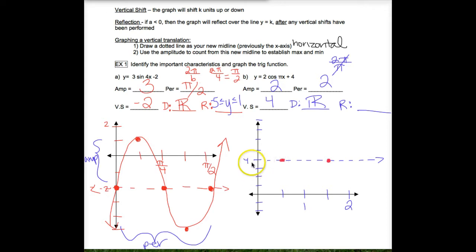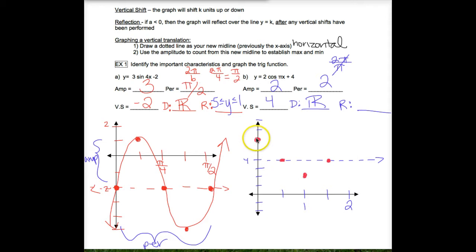But cosine graphs start up at the max. So from the midline, my maximum is going to be my amplitude from that midline. So the amplitude is 2, so I'm going to go 2 units up, and that is where my max should be. My min should be 2 units down from the midline.